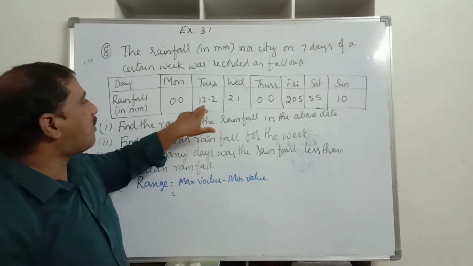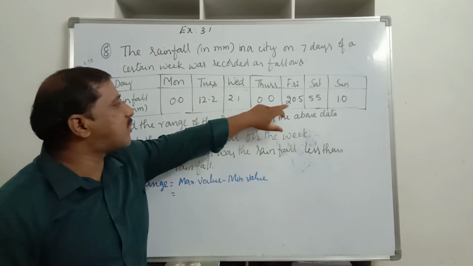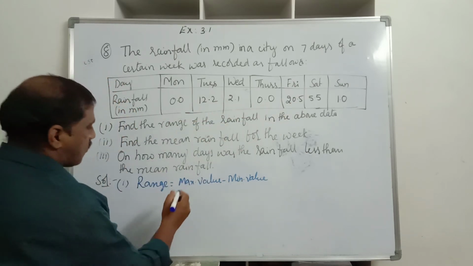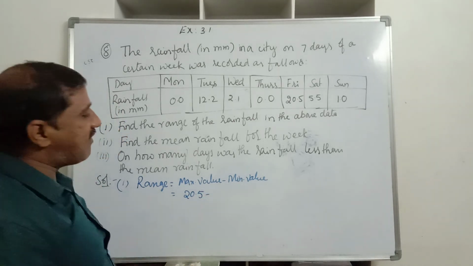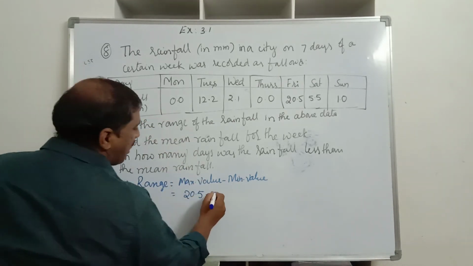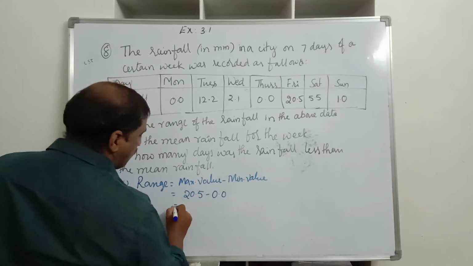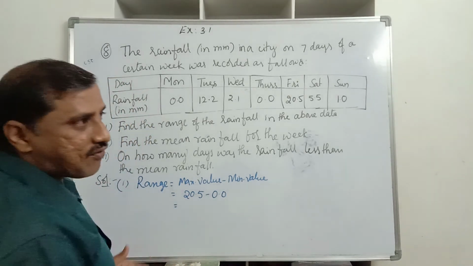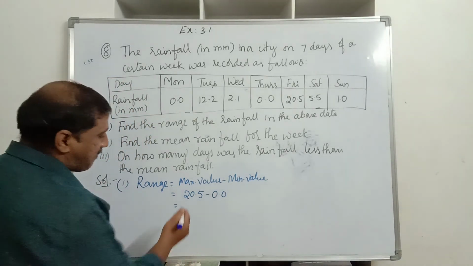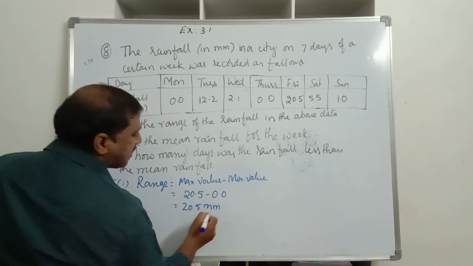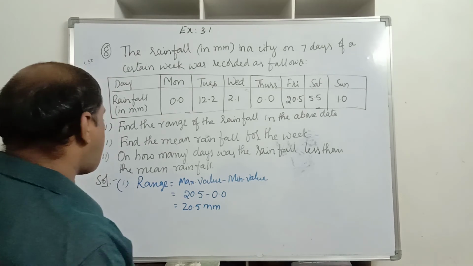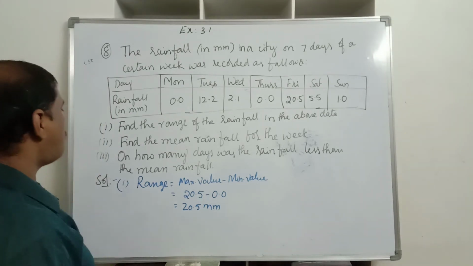Among 12.2, 2.1, 0.0, 20.5, 20.5 millimeters is the maximum value, minus the minimum value, 0.0. When you subtract 0 from any number, we get the same number. Therefore 20.5 millimeters is the range of rainfall of the above data.